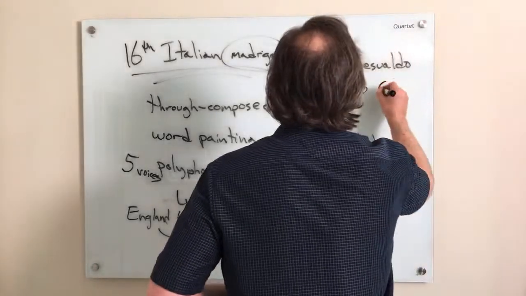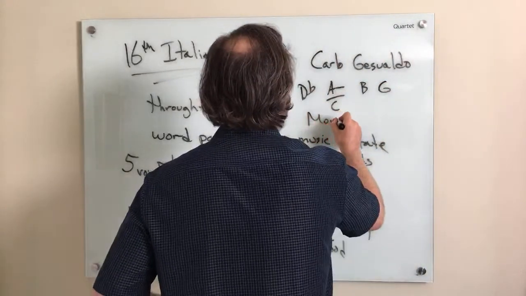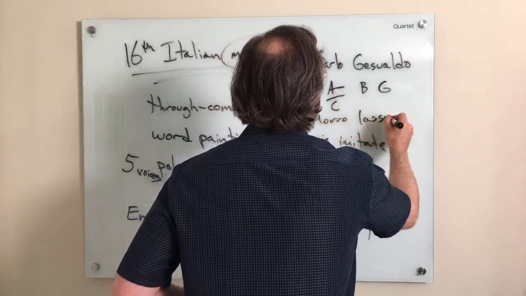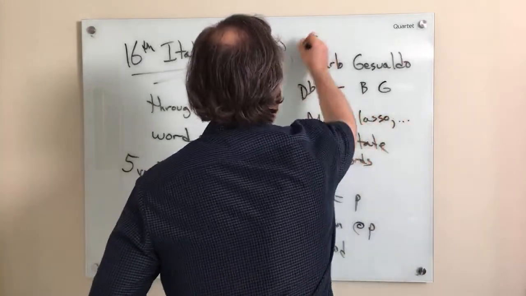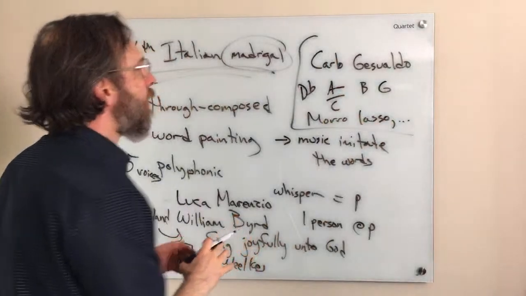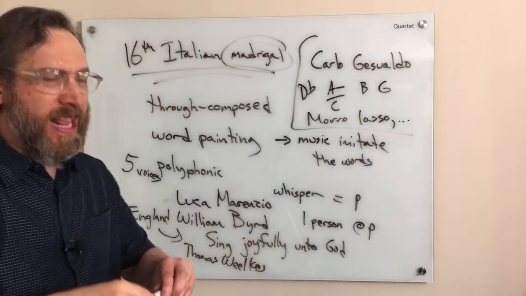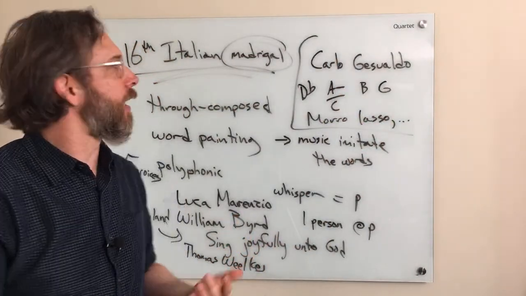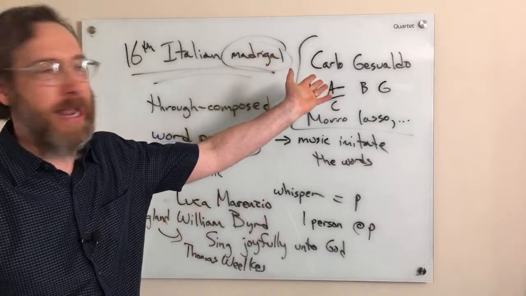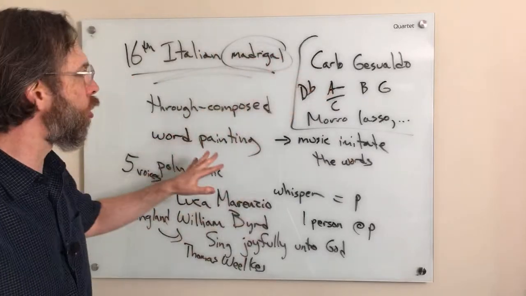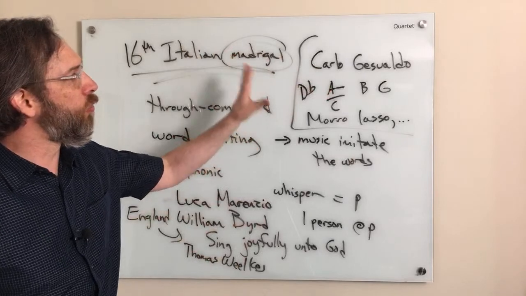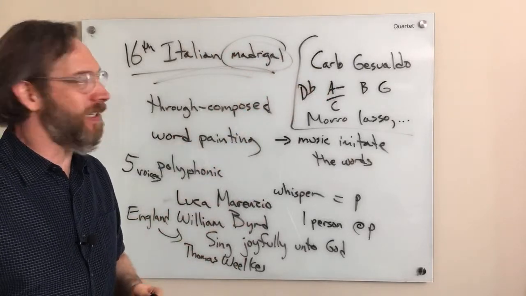I think it's G major after that, but this is Moro, Lasso. So this is another Italian madrigal. And if you want anything that's dark and brooding, Carlo Gesualdo's your guy. I mean, he used this kind of word painting to really capture the text.